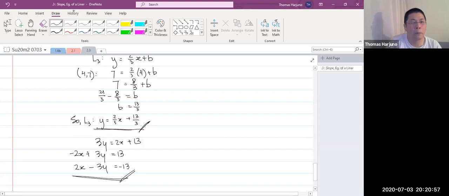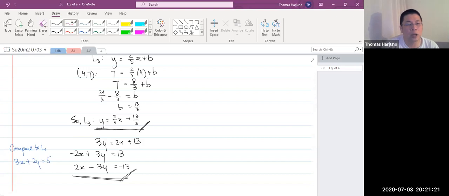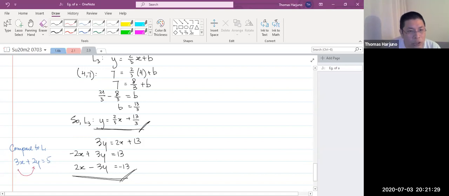Now I want you to compare these two. The structure of line 1 is 3x plus 2y equals 5. Notice that if two lines are perpendicular, then the format will be like this: you switch the coefficients of x and y, and change one of the signs.